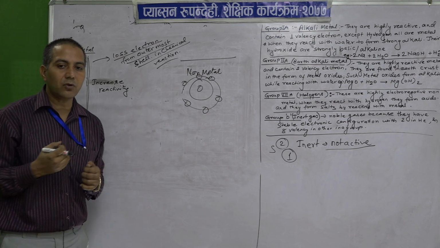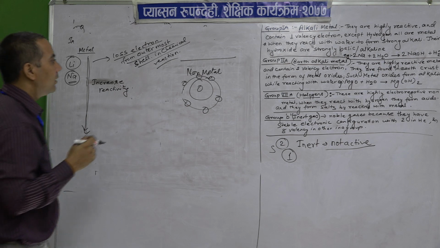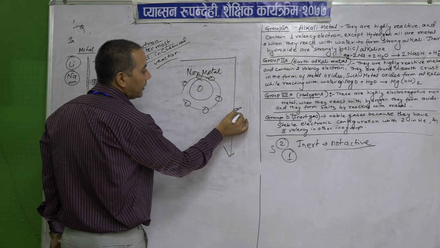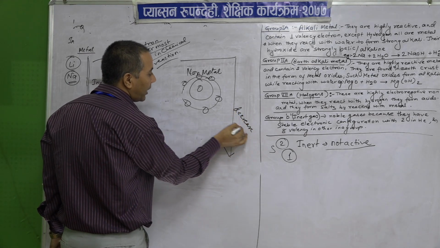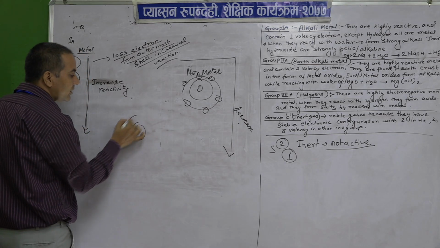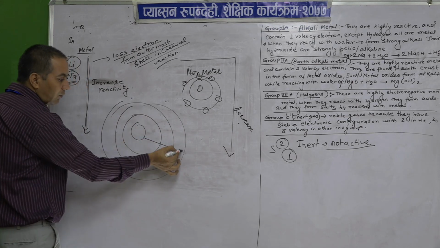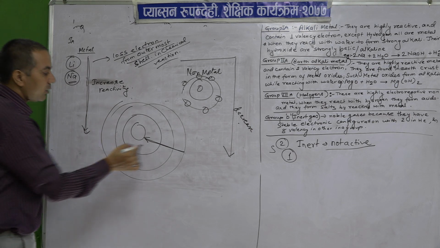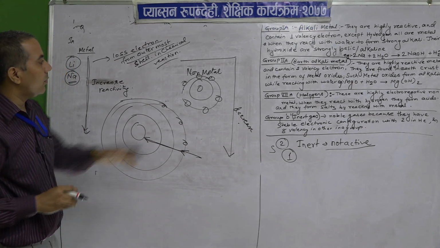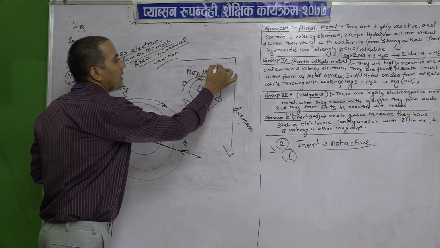For taking electrons, they must be nearer to the nucleus. Therefore, when we go down, there will be a decrease in reactivity. Why? Because the distance from the nucleus increases as we go downwards, so it is difficult for them to pull electrons into their shells. Suppose the first one is fluorine.